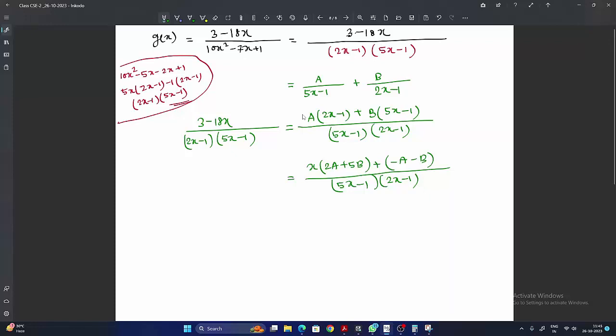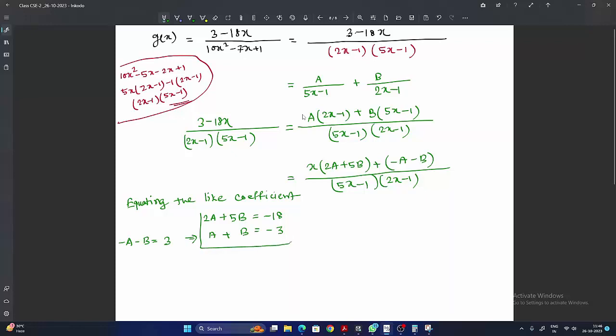So here the x coefficient is minus 18 and here the x coefficient is 2a plus 5b. So equating the like coefficients, what you will get: 2a plus 5b is equal to minus 18, and minus a minus b is equal to 3, or a plus b is equal to minus 3.